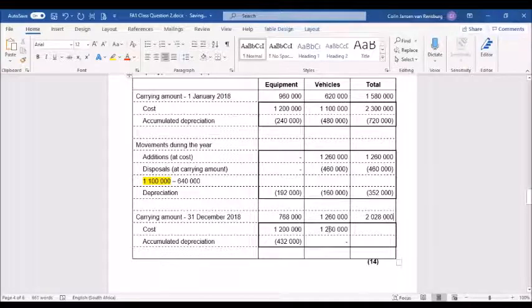We add that line across as well, so that will give us 2,460,000. And we do the same with this line. We go and add that up across, so it's minus 430,000 plus or minus 0, so that will then remain minus 432,000.